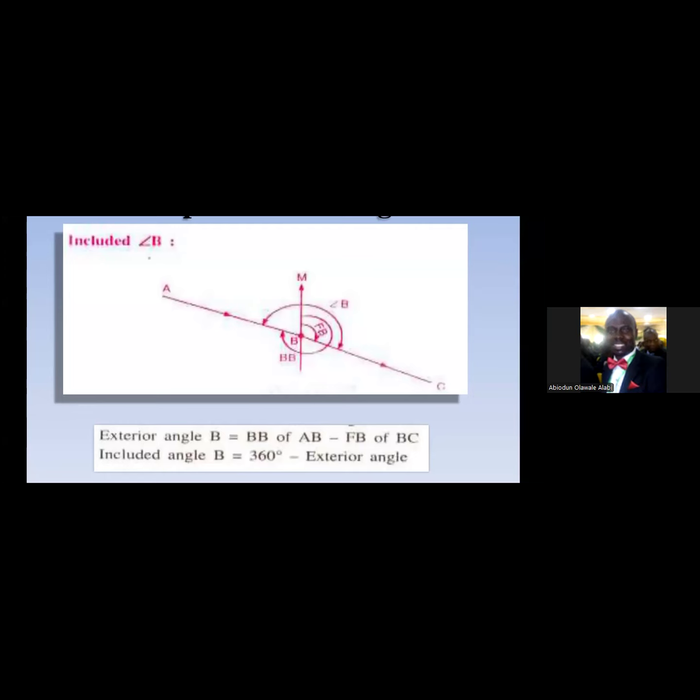So angle AOC now is the exterior angle of B. Are you following me now? Good. And the interior angle of B is, let me see how I can differentiate it.